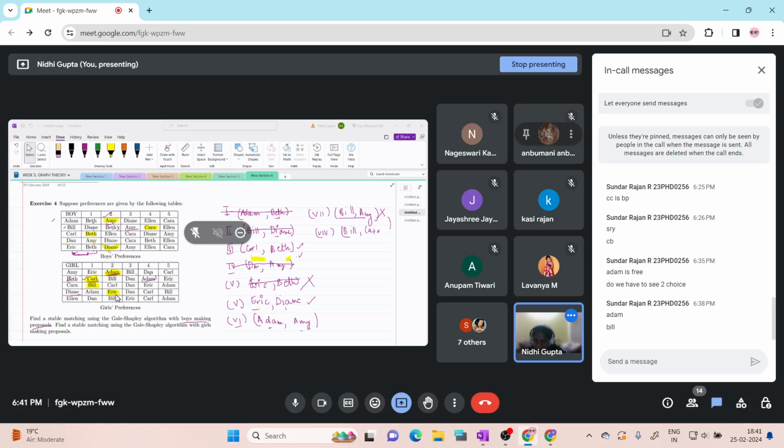So we look at the preferences of Diane. So who does Diane prefer, Eric or Dan? Since she prefers Eric over Dan, Dan and Diane cannot be engaged. Then we look at the next preference for Dan, which is Kara. So can Dan and Kara be engaged?